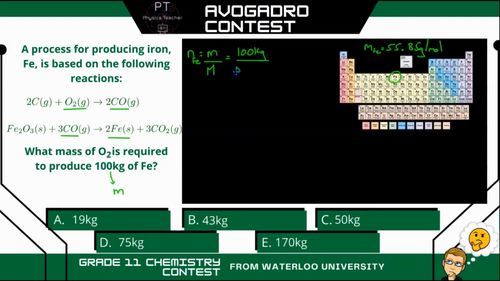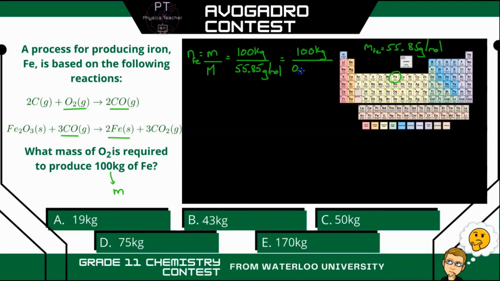and divide by 55.85 grams per mole. And then make sure you check your units because kilograms will not cancel out with grams. So you can either change kilograms to grams or grams to kilograms, whichever you like. I will leave the kilograms here and I will change these grams to kilograms.